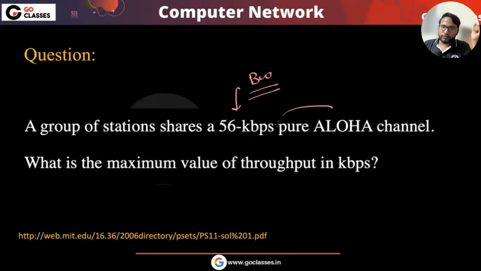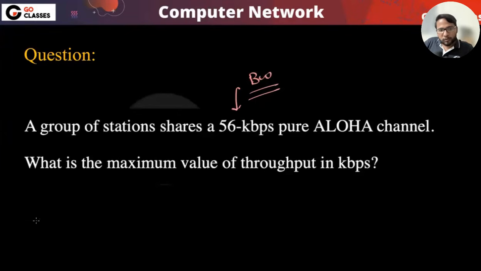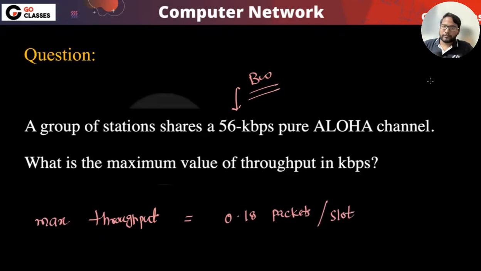Okay, so they are using pure Aloha. So what is the maximum throughput that you can get in packets per slot? Do you remember? This was 0.18, right? 0.18 is the maximum throughput in pure Aloha you can get in packets per slot. That is also basically the efficiency.